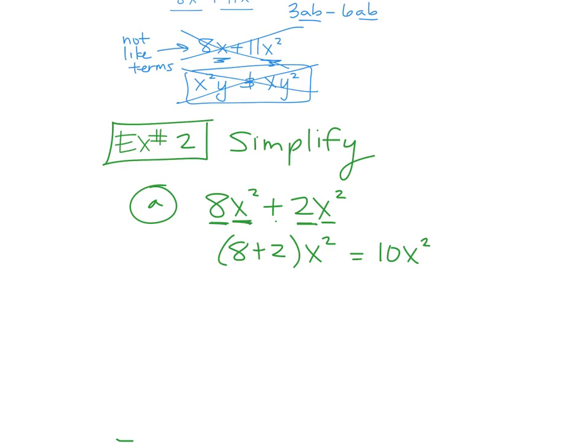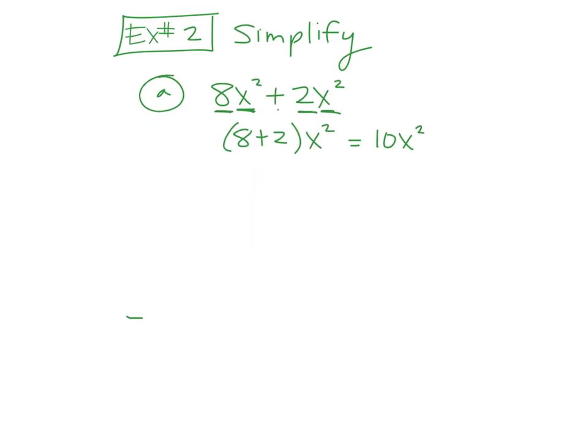You're not going to make x squared plus x squared become x to the 4th. That's not the same thing. We have 8 x squareds and 2 x squareds, and we want to add those x squareds together, so there are going to be 10 x squareds. Does that make sense? What if there's a subtraction? We'll do that too. Yep, let's do that right now.